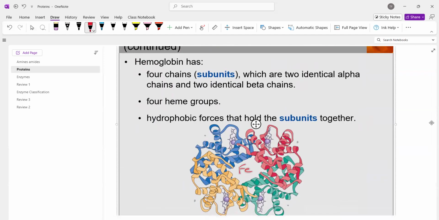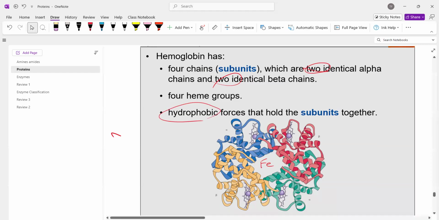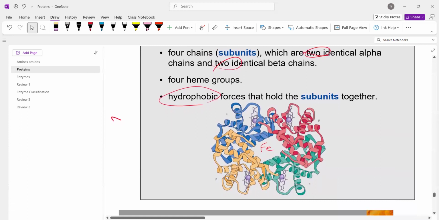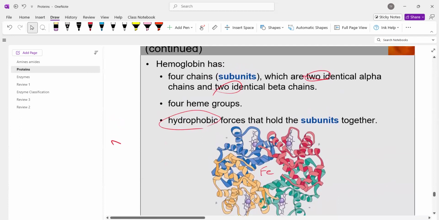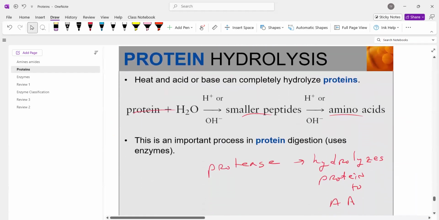So we've got 2 and 2, so 4 chains. And then we've got some forces that keep the chains together. So it depends. And then you have typically with heme groups, you usually have an iron in the middle.